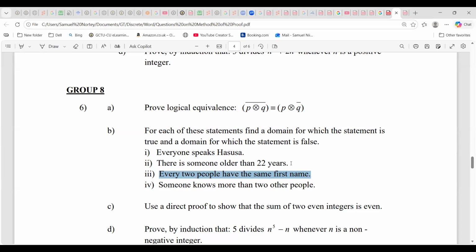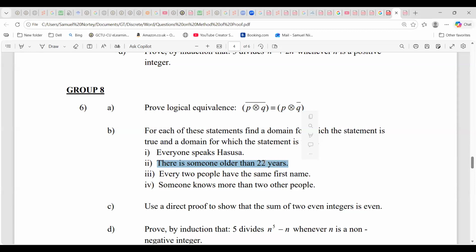I don't know. Maybe you must be very imaginative. But for example, take someone older than 22 years. A lot of students gave me a mature student, so that is okay. Or you can subtract 22 from 2026, and all those who were born before that year, from 23 years and above.